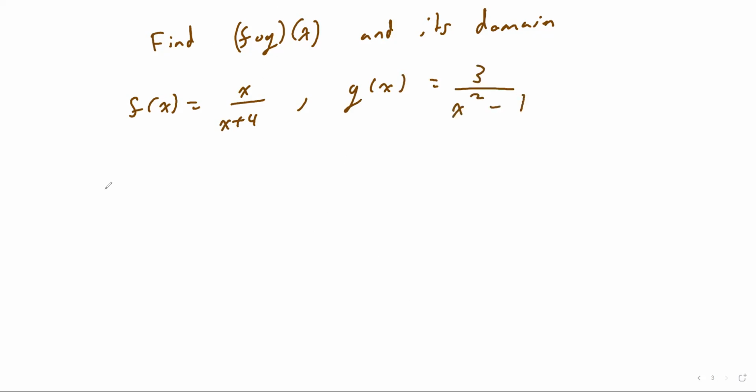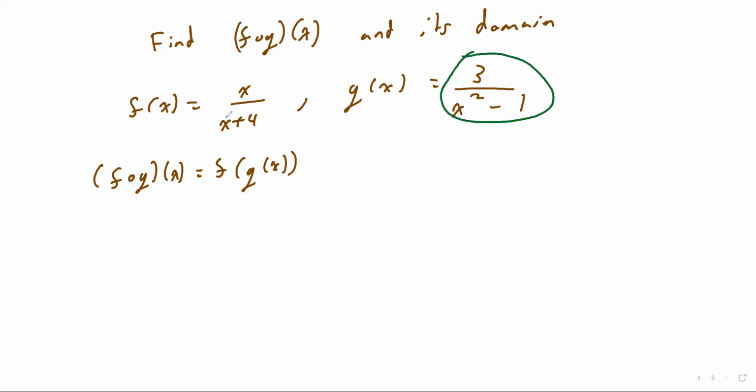So again, remember f of g of x can be rewritten as f of g of x. So I'm going to take the g of x function and plug it into the f of x function.